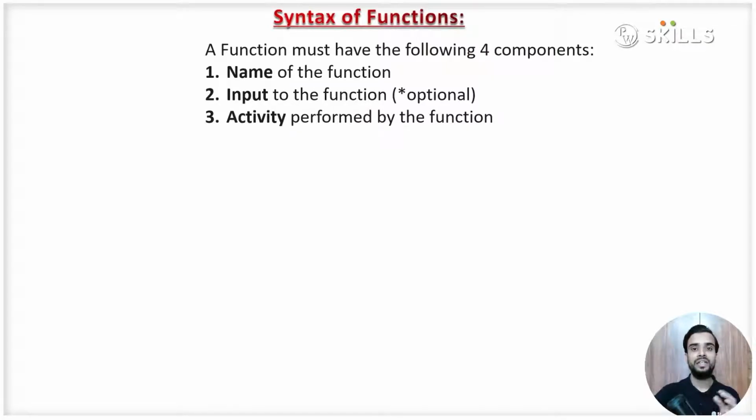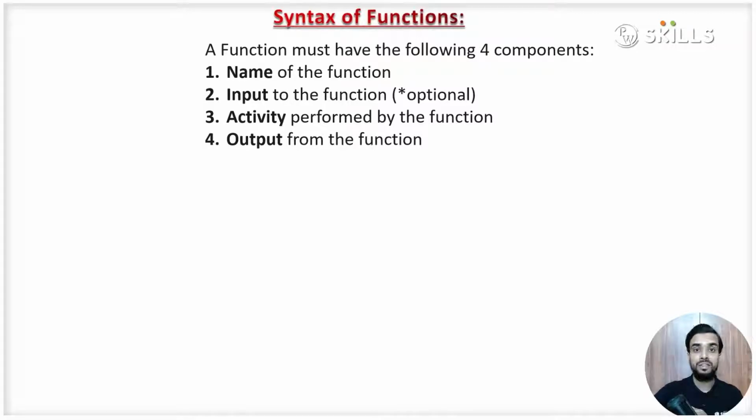And lastly, just like how a function can receive some input, it is also possible that a function can also send some output. A value can be returned from a function back to the caller. Basically, output also can be sent from the function. Now, whatever theoretically I have listed here, if I would organize all of these components, how would the syntax look like?